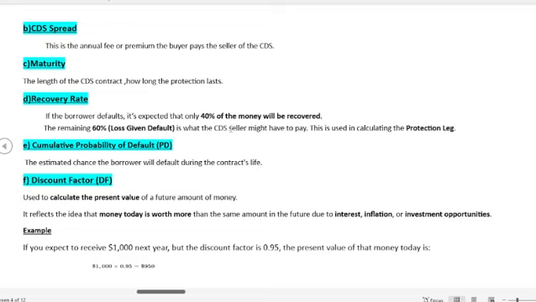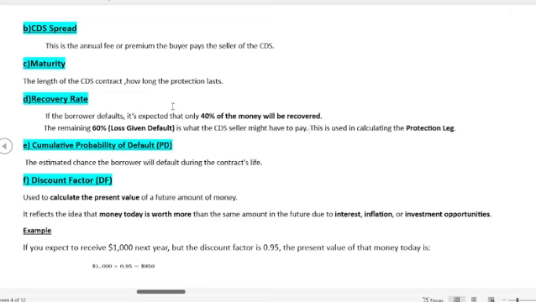For example, if the borrower gives you 40% of the principal value, then 60% remains. In 100% form, 40% is recovered. So the remaining 60%, the loss given default, is what the CDS seller might have to pay. The CDS is going to pay the remaining 60% out of 100%. This is called calculating the protection.